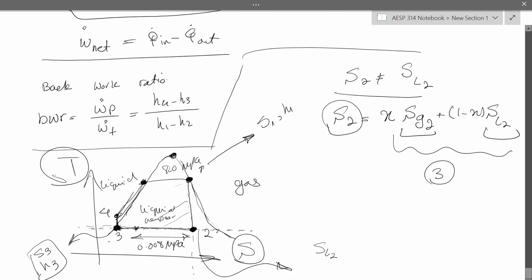It's going to go from 75% to 0, or 60% to 0. And that's the thing we need to calculate. But the total entropy of the system after the turbine has remained constant, which means that this S2 is going to be equal to S1. So we have SG, we have SL, and we also have S2. Based on this, we can calculate X.